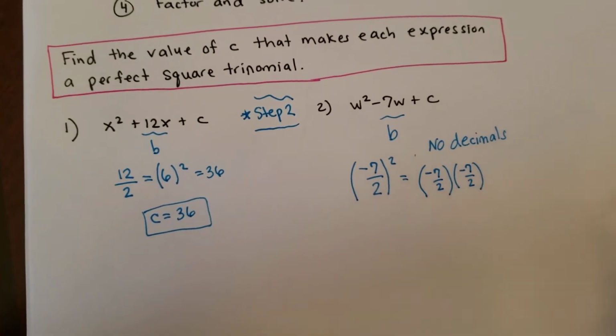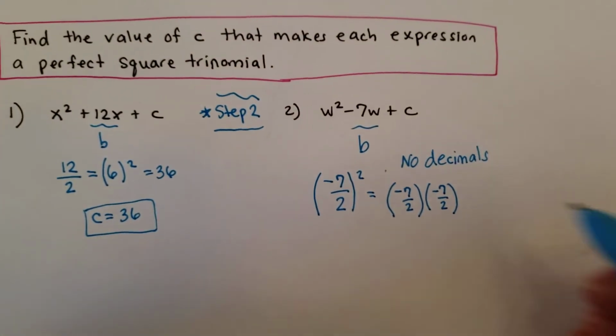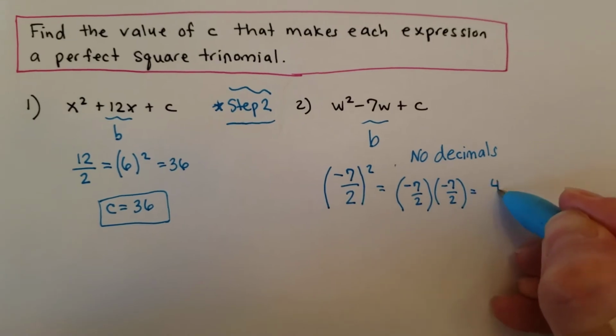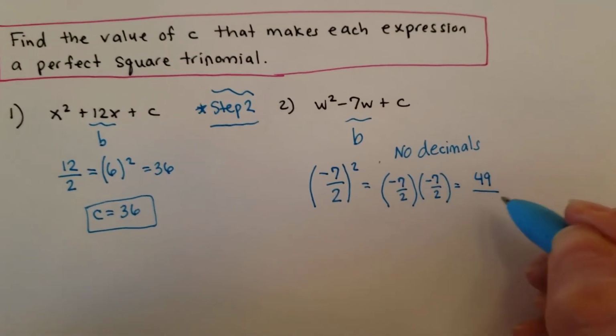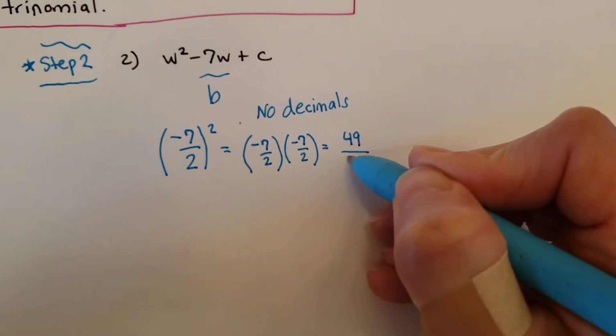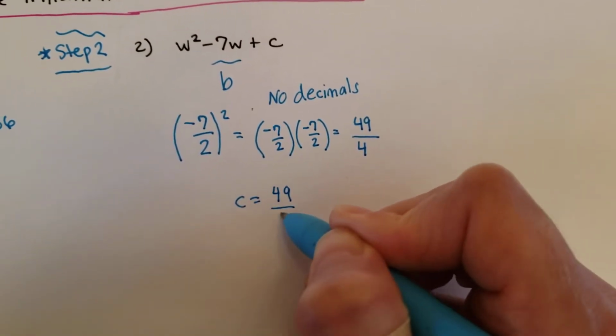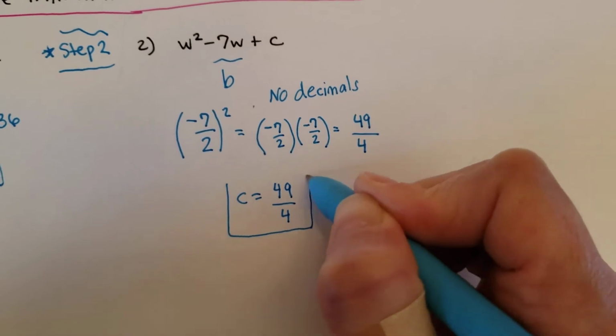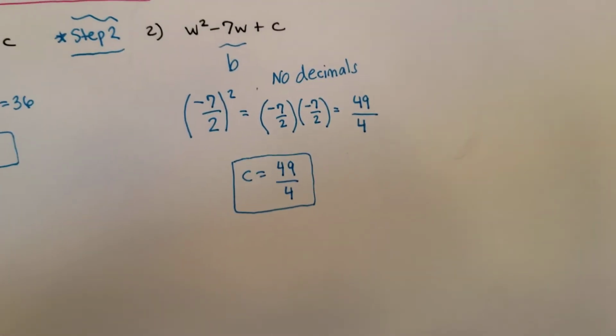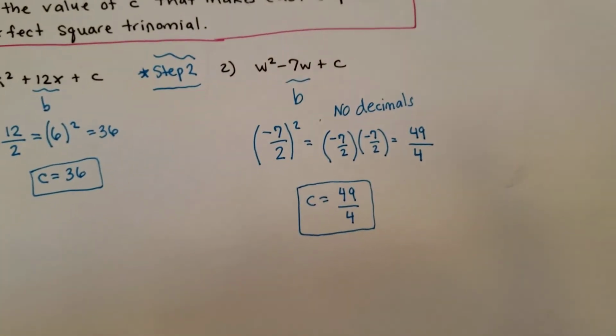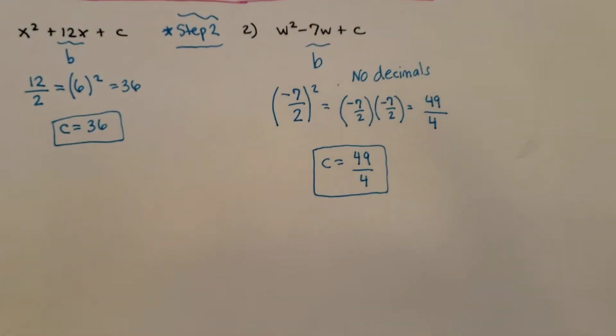So even with the fraction, -7 times -7, if we go straight across, is 49. And 2 times 2 is 4. So our c is 49 over 4. And again, don't worry that it's not a nice number. It'll work out fine.